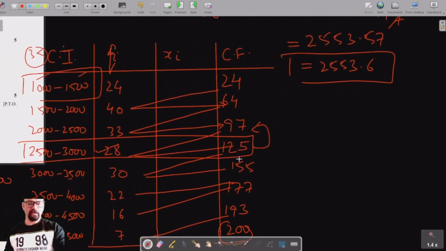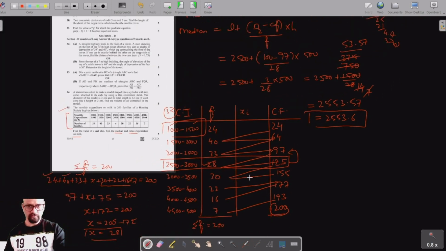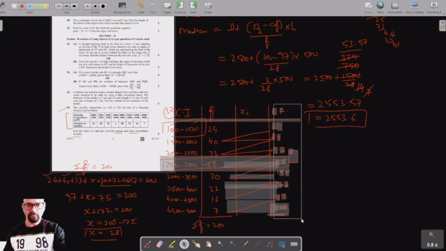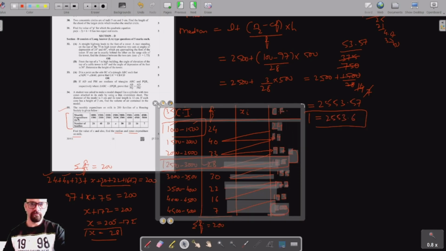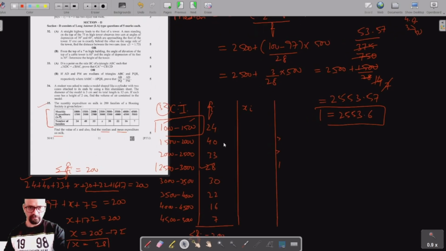And now let's find out the mean. For that, we are going to use the step deviation method because that will make the values smaller, and for that I'm going to remove the cumulative frequency. Let's find out the class marks.